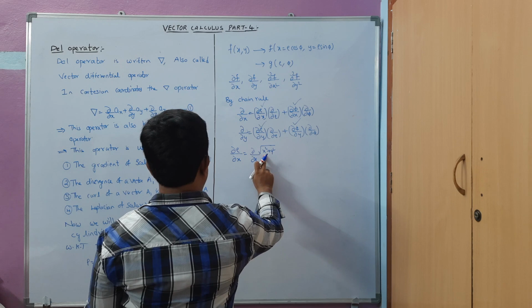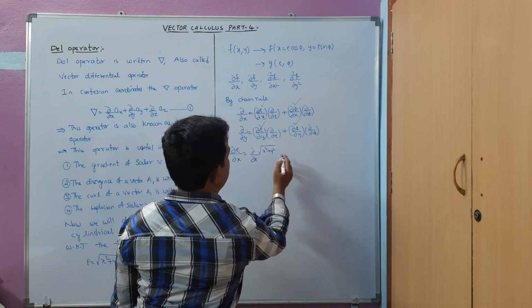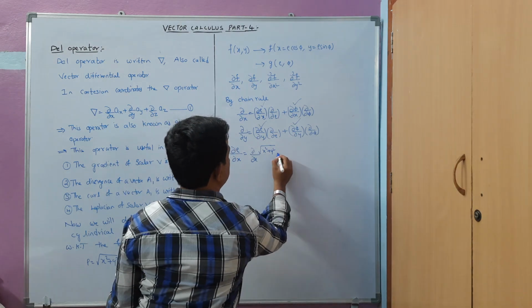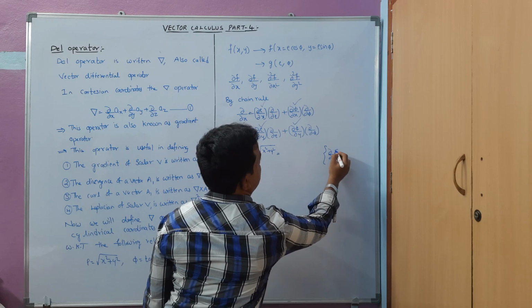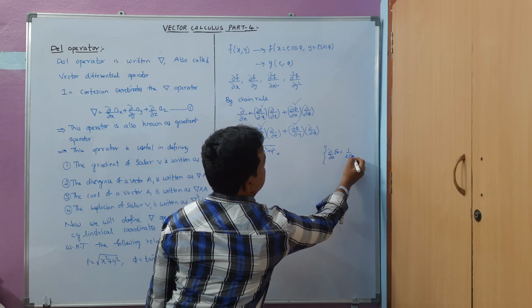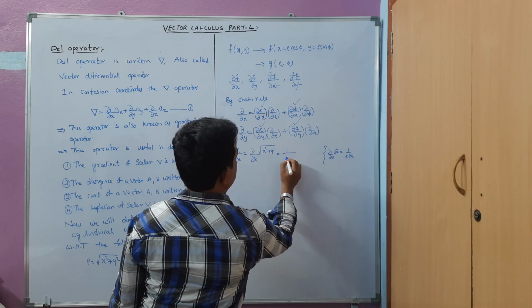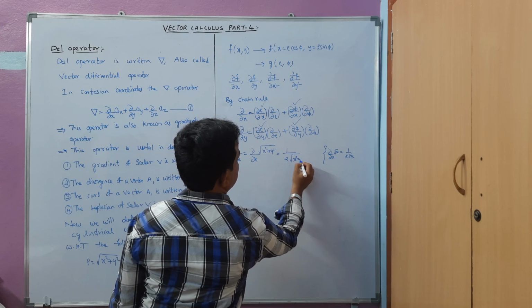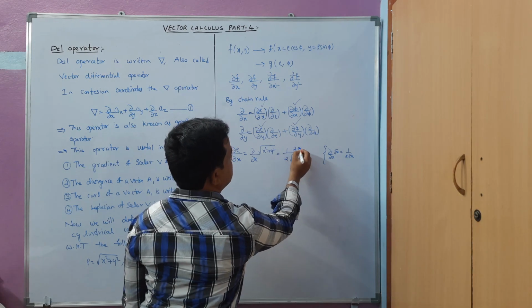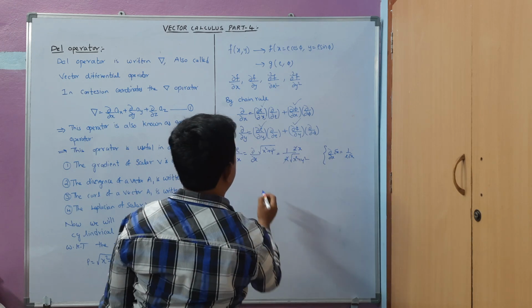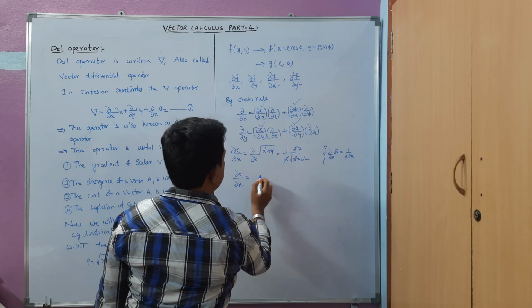Now this is the derivative with respect to x. We know that the differentiation dou by dou x of root x will be 1 by 2 root x. So now I can write like this: 1 by 2 root x square plus y square, but we again have x square with respect to x, so I have to write 2x.